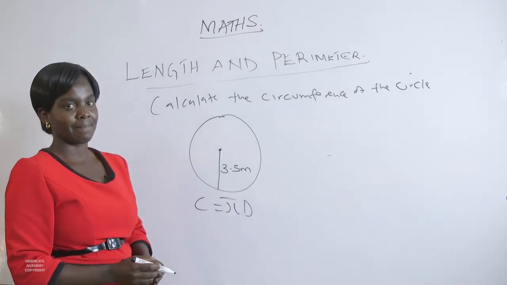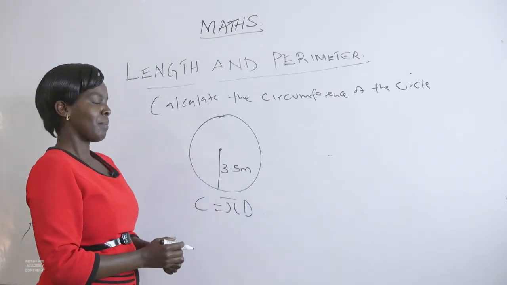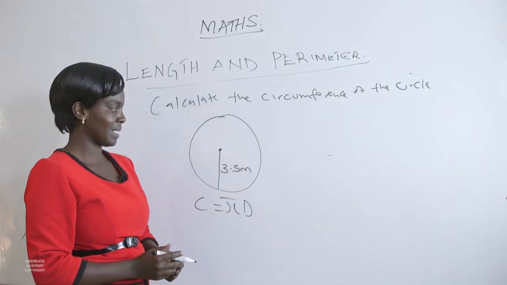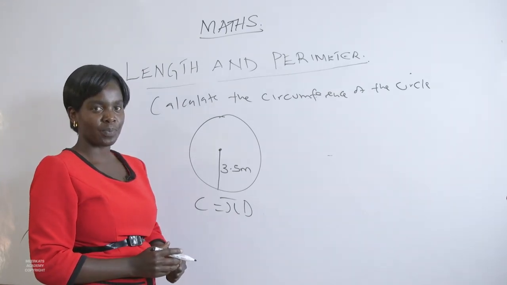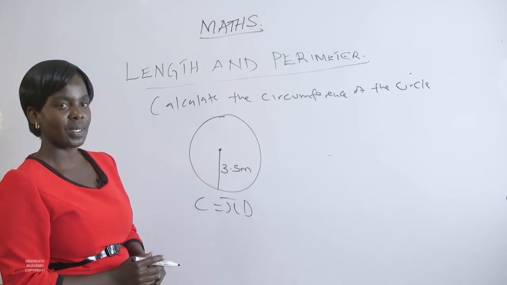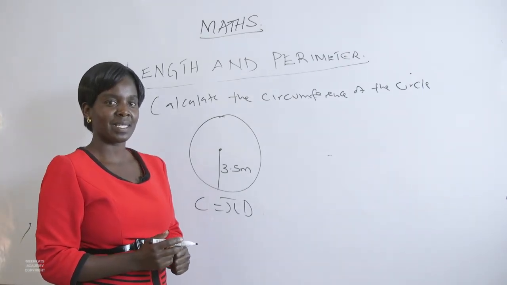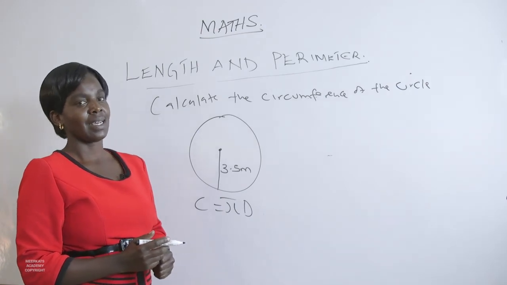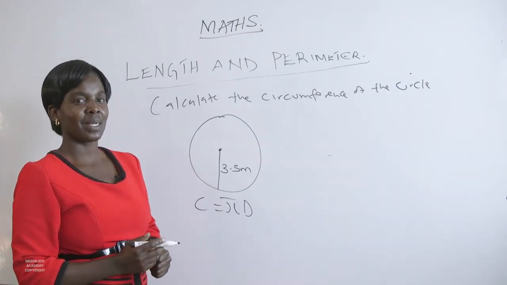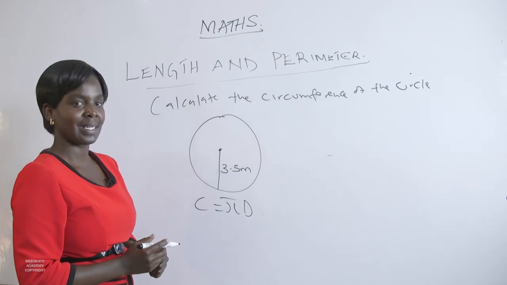We have said that the circumference is pi d. But we are given the radius. What are we supposed to do? The diameter is 2 times the radius. If you are given the radius, you multiply by 2 to get the diameter.